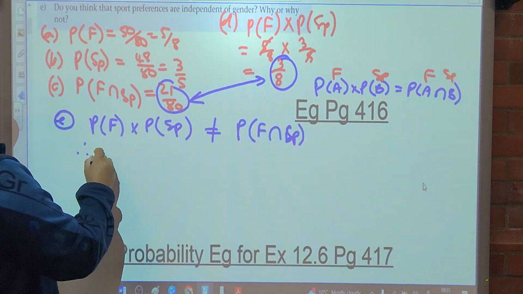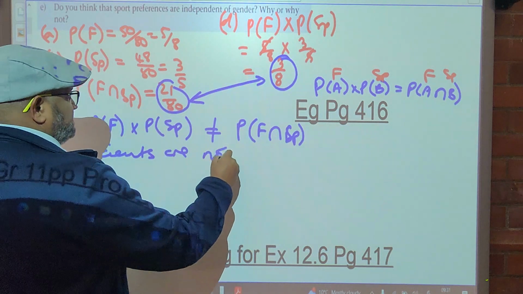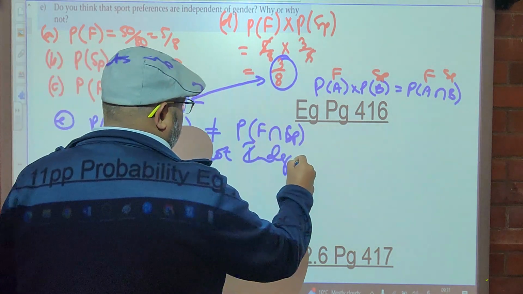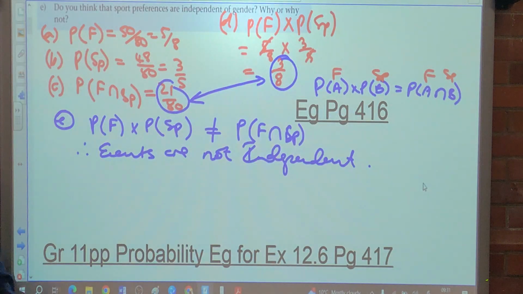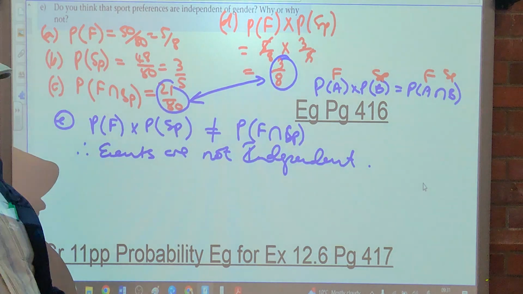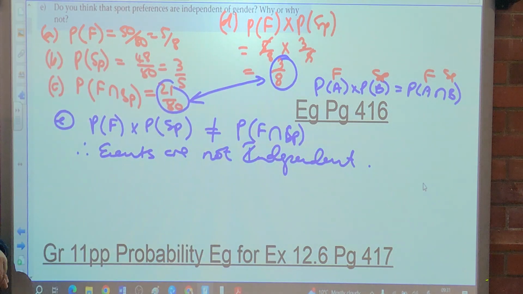Therefore, events are not independent. Or we could have just said they are dependent. Do you guys understand? Yes. And that's how easy this two-way table is. Okay.